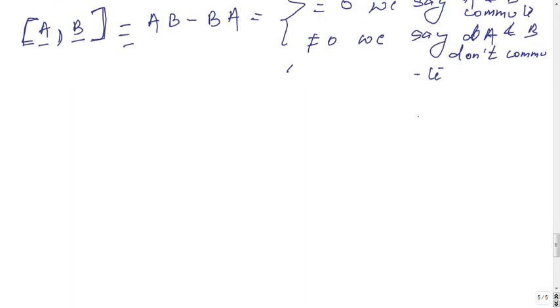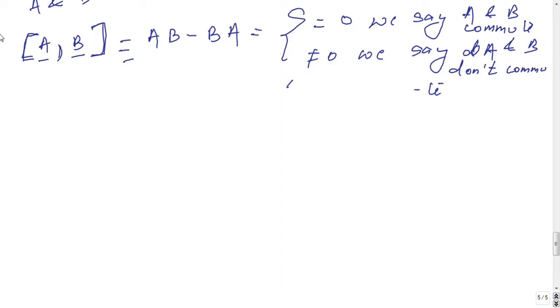Some properties of this commutator are as follows. If we have a composite operator formed by the operators a and b by multiplication or composition, and take its commutator with the operator c, it's the same as this.